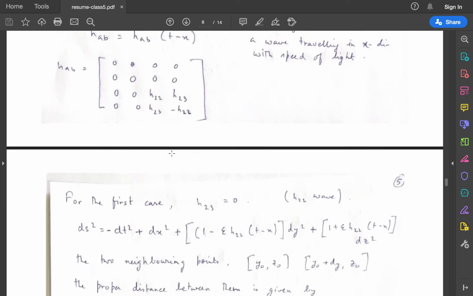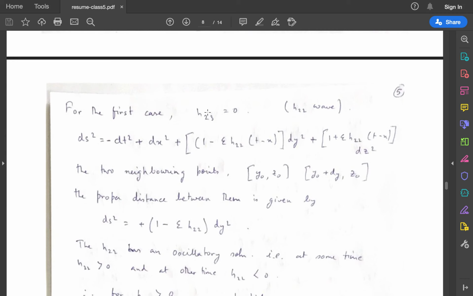Let us first take case 1, where h23 is equal to 0, and what we have is known as the h22 wave. This is the metric element. ds² can now be written in terms of η_μν, and g_μν only has contribution from h_μν.